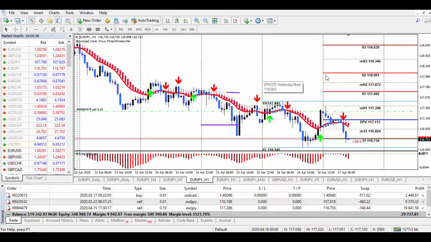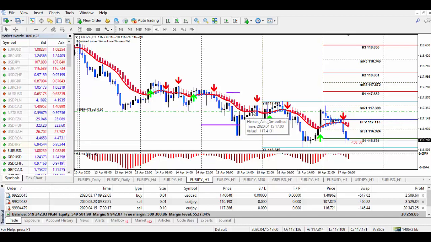From here to here is another day, the 16th, and this is the 17th today. If you look at the analysis for the 15th, you can see that was when we placed this sell trade. We placed it as a pending order, a sell limit. We were like, if the price should bounce up to this level, pick our trade for us, and it did. And then that trade, since Wednesday the 15th, has been in profit till today, the 17th.